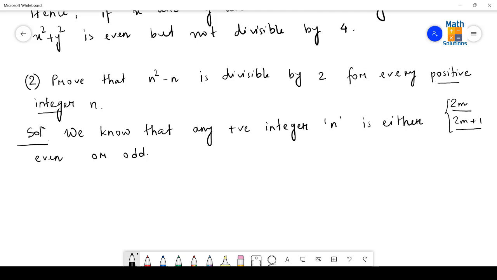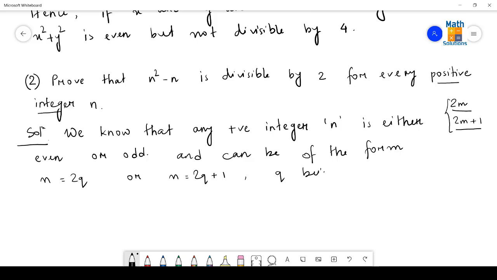We know that any positive integer n is either even or odd and can be of the form n is equal to 2q or n is equal to 2q plus 1, q being any positive integer.